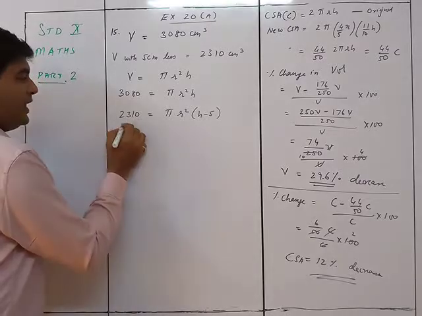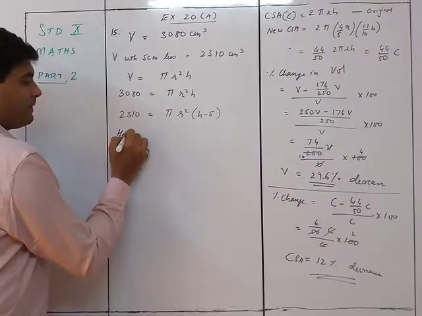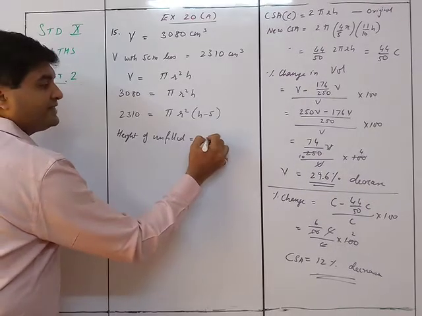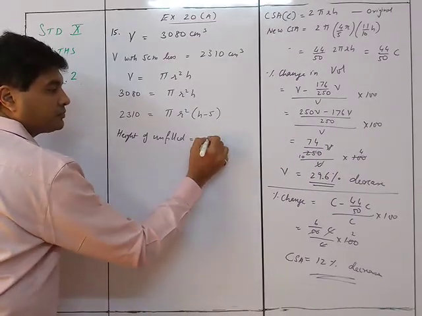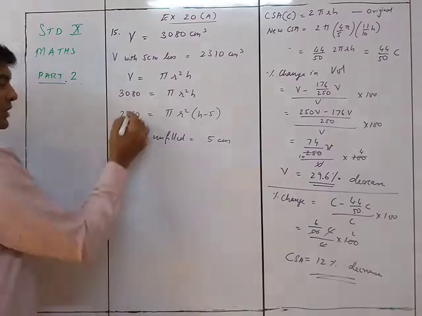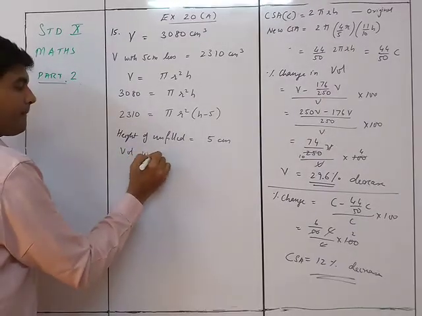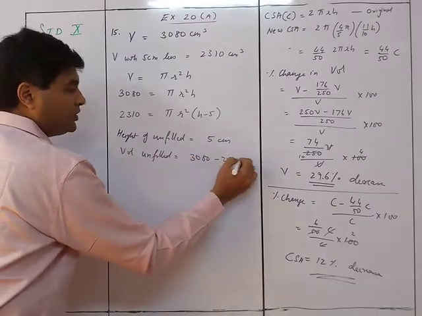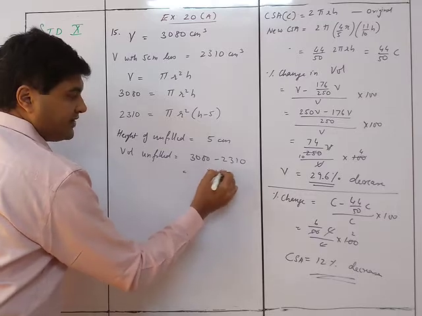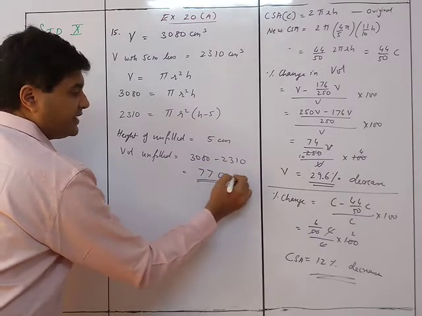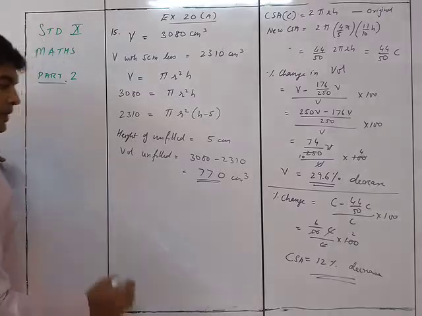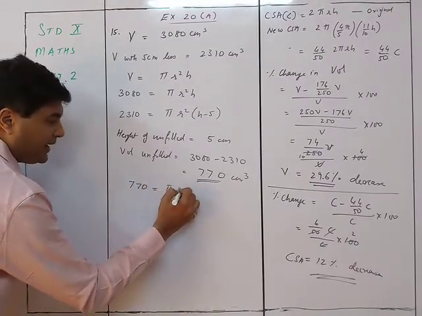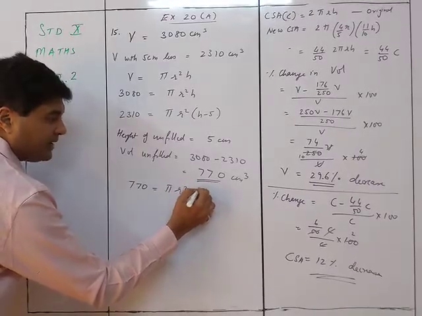So we know that the height of the unfilled part is equal to 5 centimeters, and the volume unfilled is equal to 3080 minus 2310, that will be 770 centimeters cube. So we have 770 is equal to pi r square h, with h as 5.